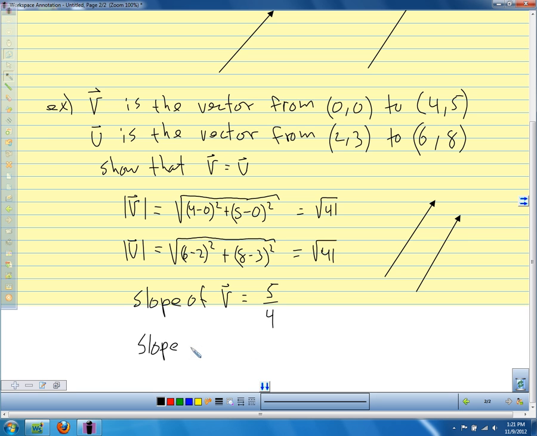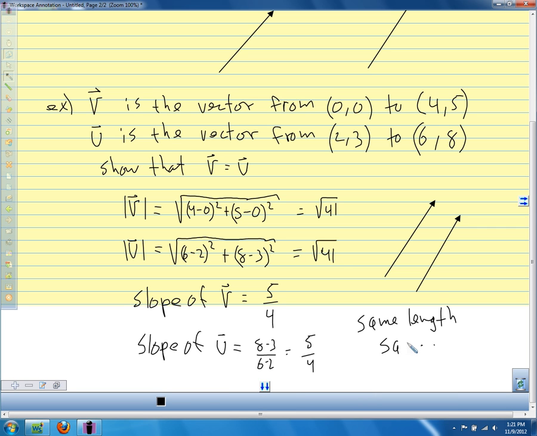The slope of u is 8 minus 3 over 6 minus 2, which is 5/4. They have the same length and they have the same slope, so they are equivalent. They have the same length and they're going in the same direction. So same length, same direction. So they are equivalent.